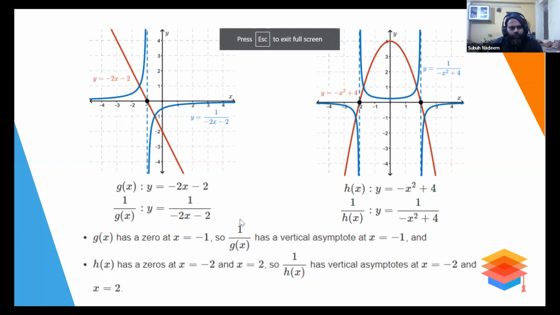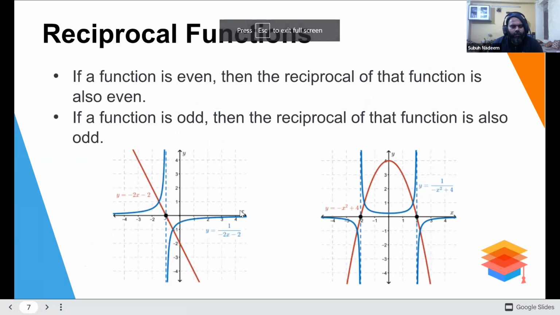If a function is even, then the reciprocal of that function is also even. If a function is odd, then the reciprocal of that function is also odd.